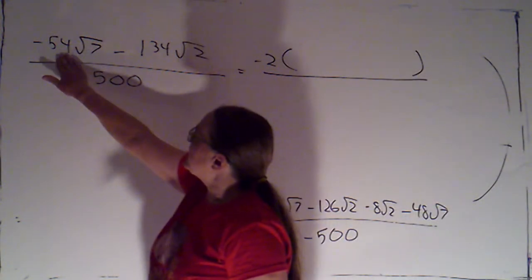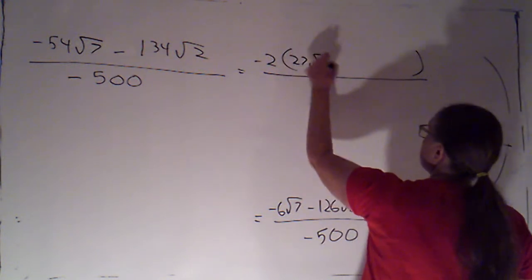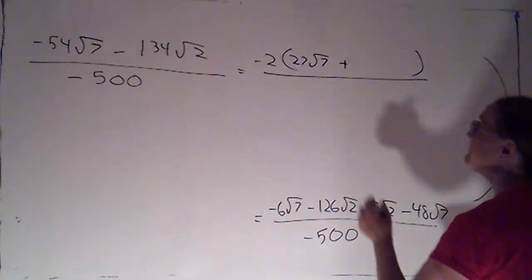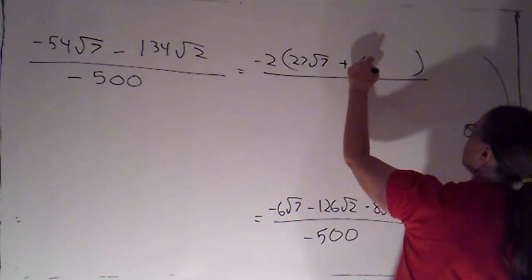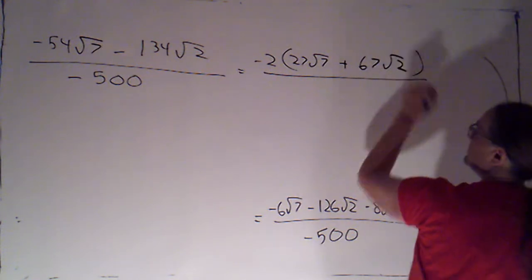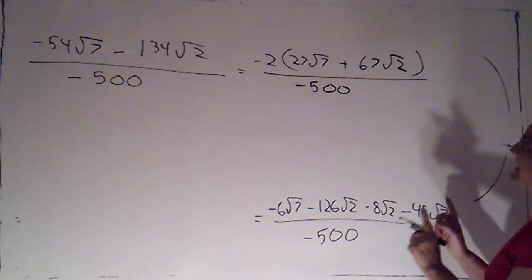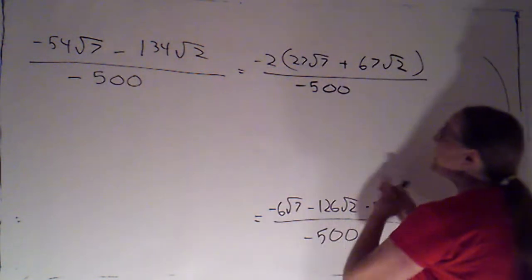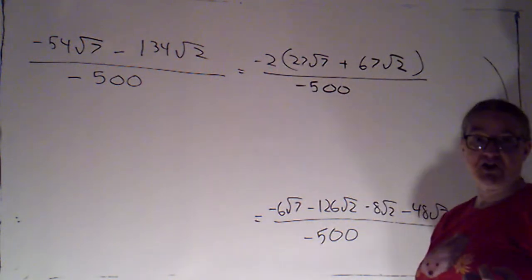Okay. Then this will become 27 root 7 plus, because I factored out that negative, let's see, 67? Yes, 67 root 2 over negative 500. Cannot cancel across addition or subtraction, but that negative 2 is connected to the rest of the top by multiplication.